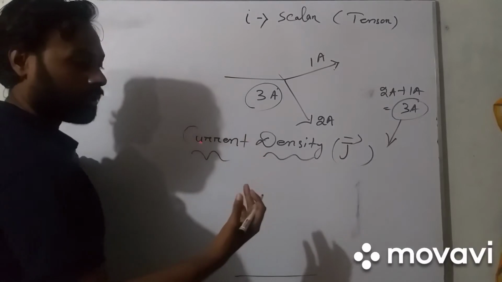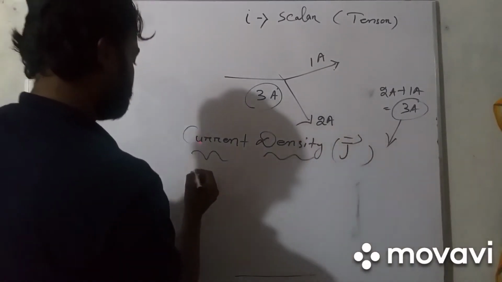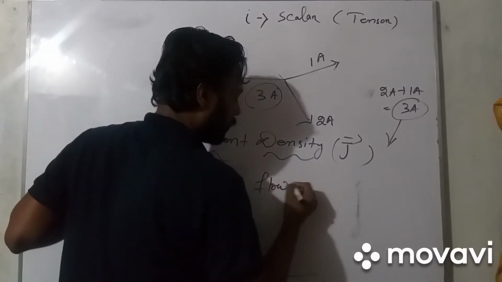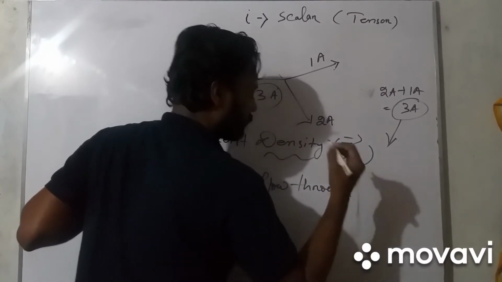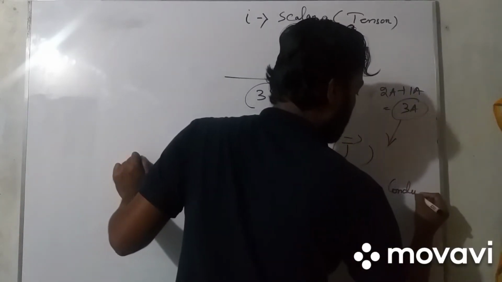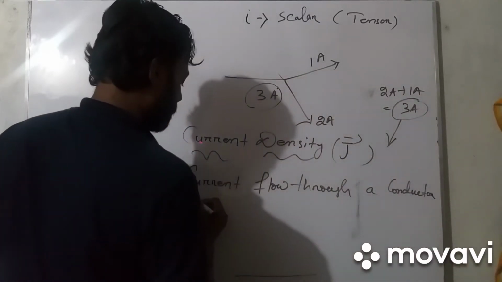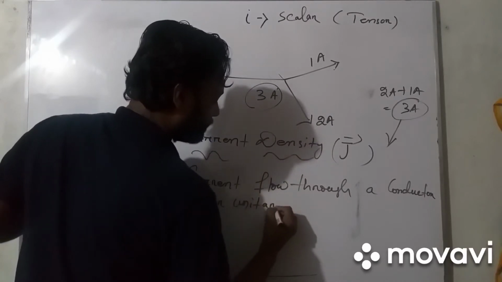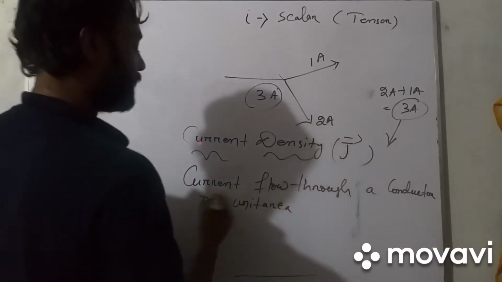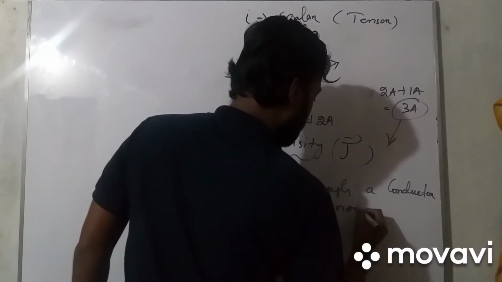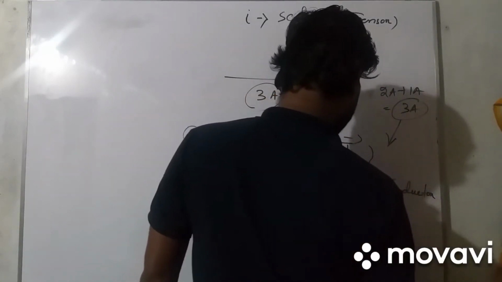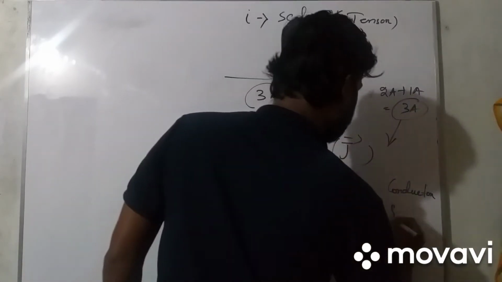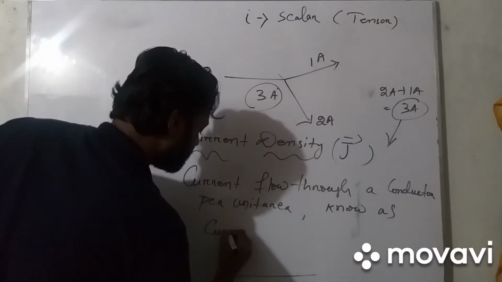Current flow through a conductor per unit area is known as current density.